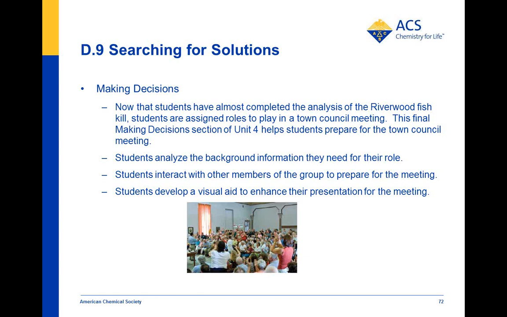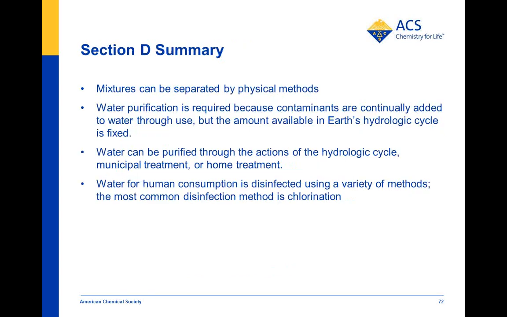What do they think the fish kill cause was? Was the crisis managed properly? And so they will either develop some presentation of data or some opinion, and they're going to make whatever visual aids they need for their presentation.